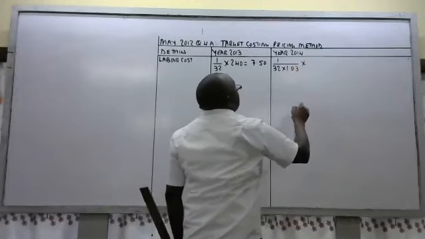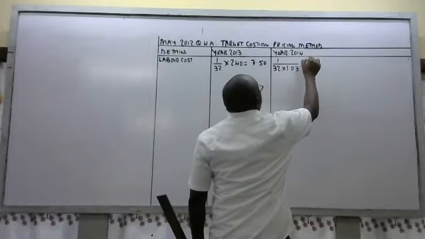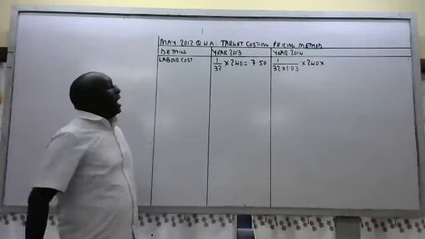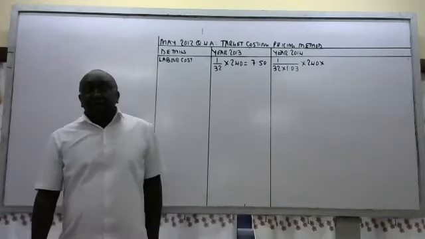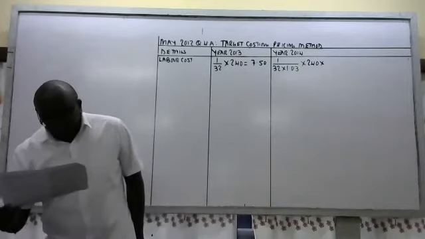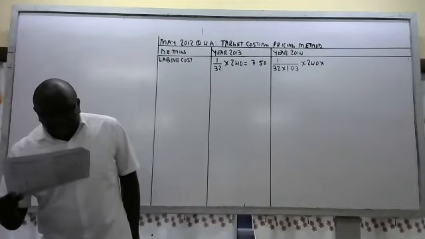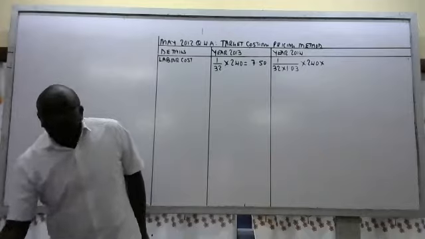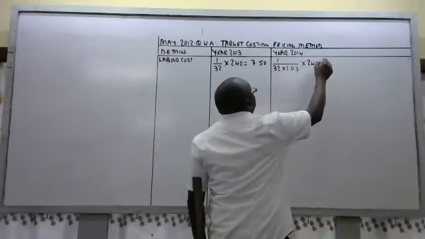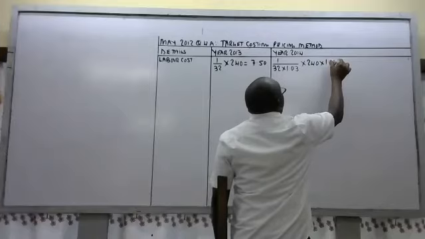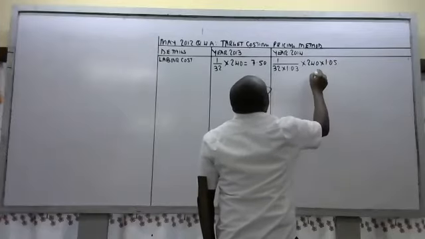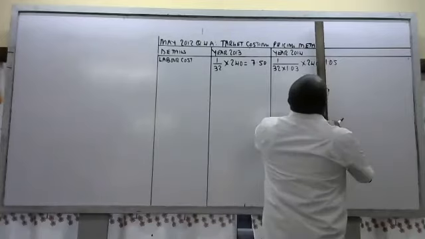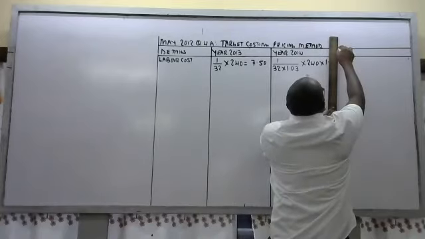Then you say times 240, multiplied by... the labor rate is increasing by 5%. So multiplied by 1.05. So I need to come down here now. My space will not be enough.